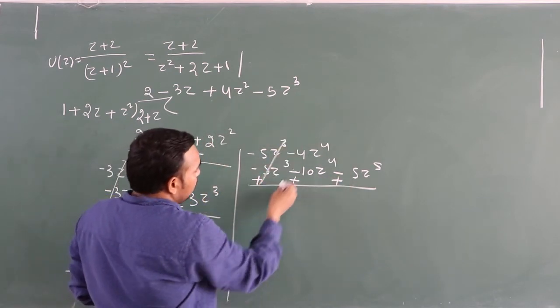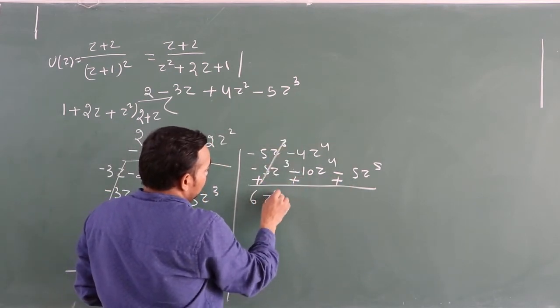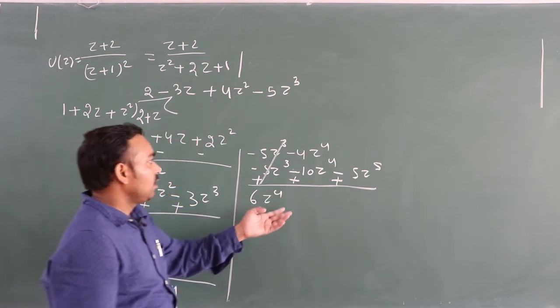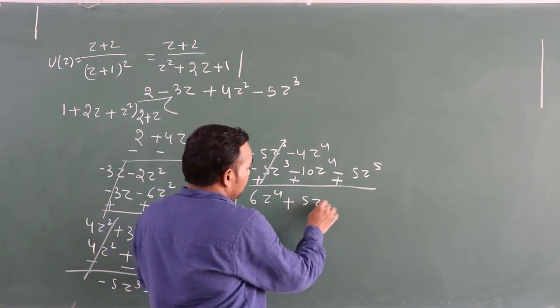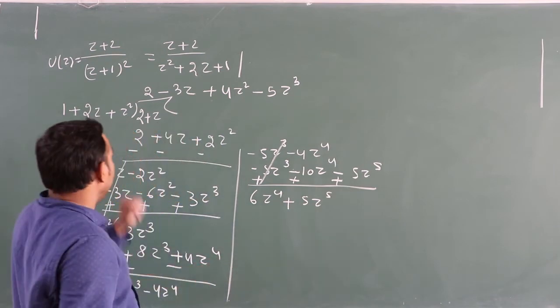This cancels out, and this is 6z to the power 4 and here plus 5z to the power 5.